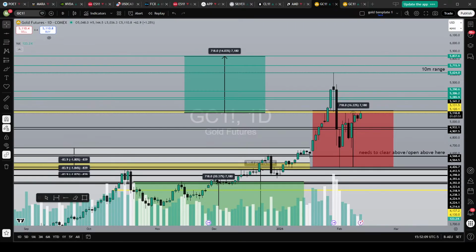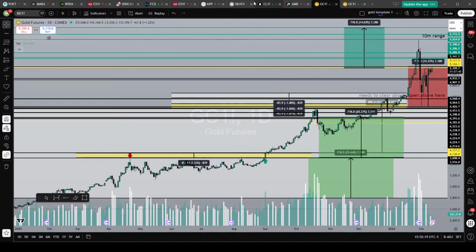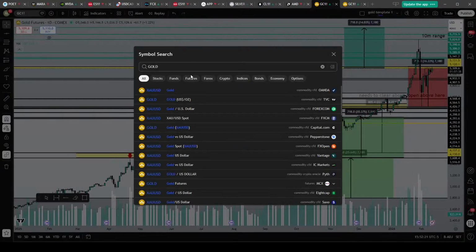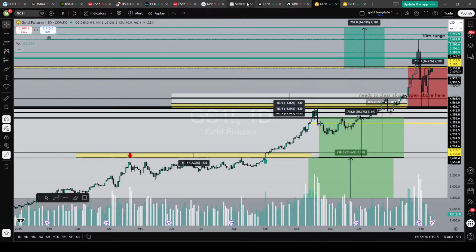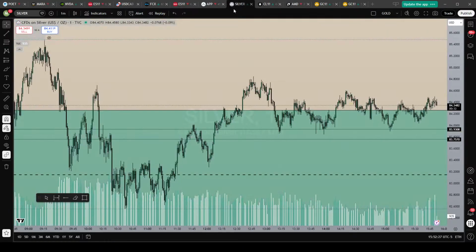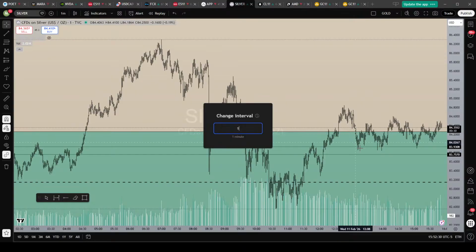So the gold template is the one that kept getting wiped, and I still haven't had time to go back and fix that. The silver is literally still nesting.